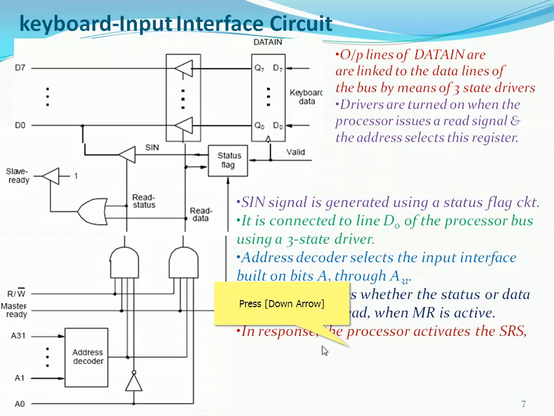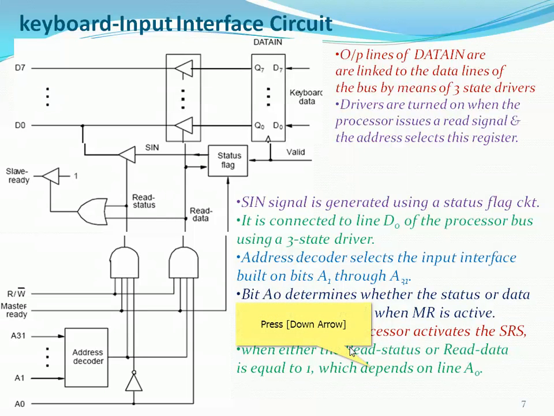So altogether this A0 and this master ready, read/write bar will decide the read status and read data. Combined, this goes to decide the slave ready signal, when either read status or read data is equal to 1, which depends on the A0 obviously.